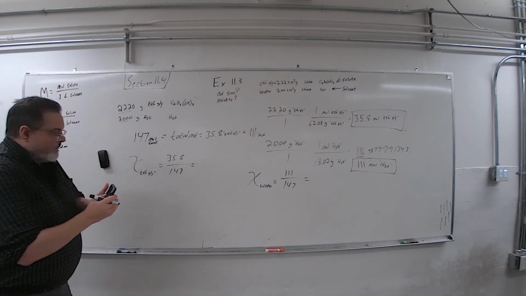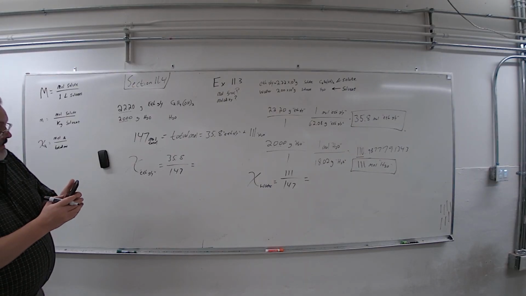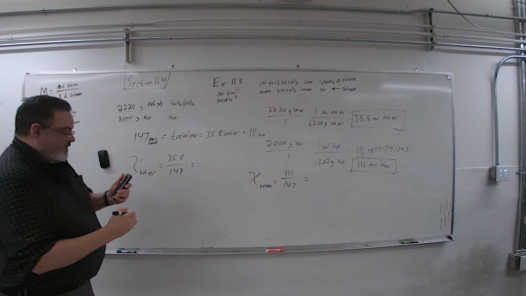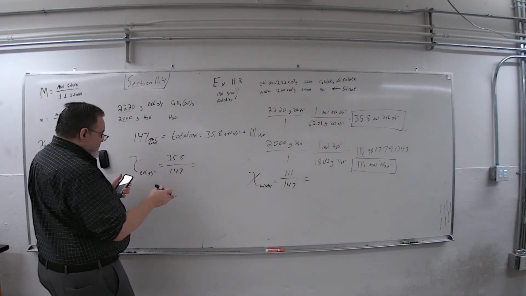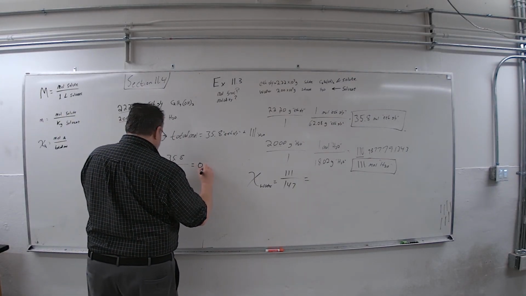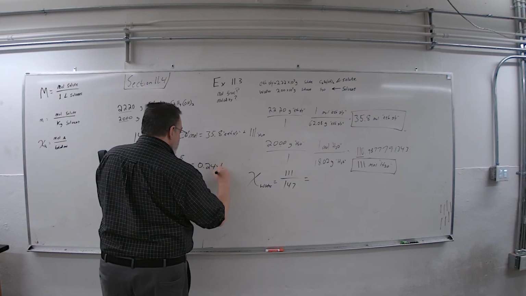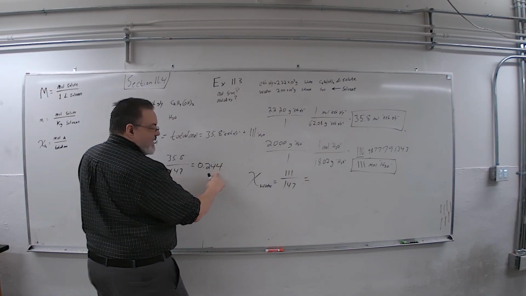Mole fraction, 35.8 over 147. 3 significant figures, so I'm going to go 0.244. I rounded that last digit.